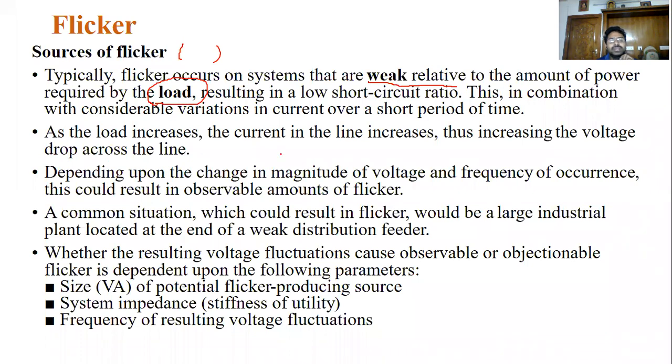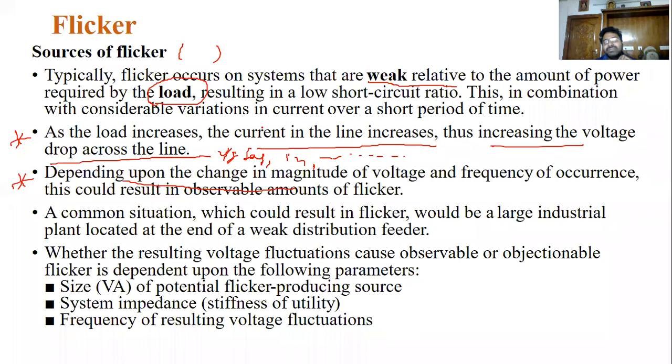Now see this: as the load increases, what will happen? Current in that line increases. This will increase the voltage drop across the line. Remember this case: voltage sag and interruption. All other power quality problems also come in this case. Now see this important case. Depending upon the change in magnitude of the voltages and frequency of occurrence.